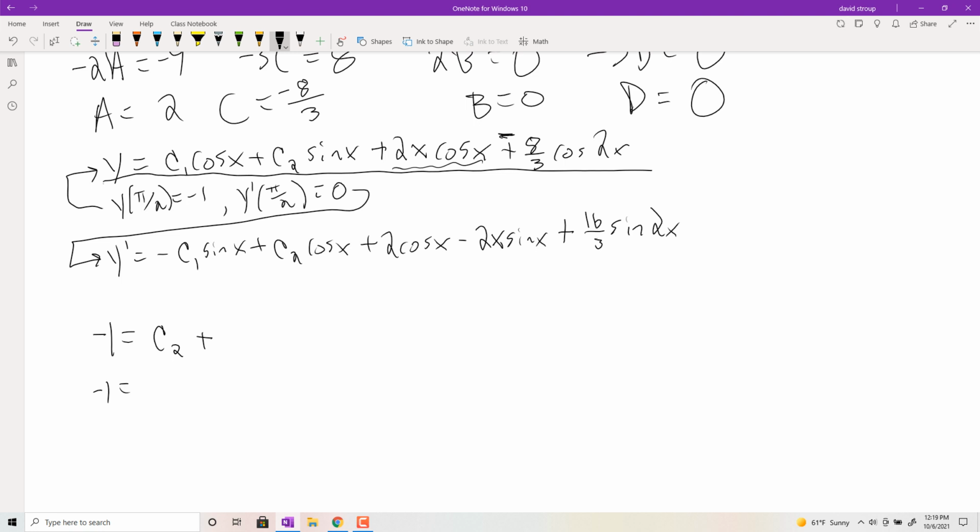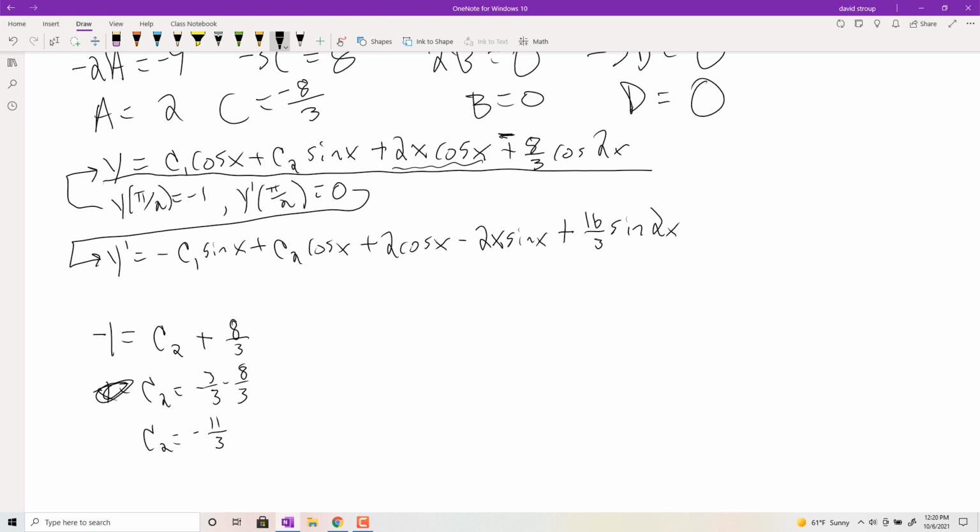Third term, cosine of pi over 2 will make that 0. And then the fourth term, 2 times pi over 2 is pi. Cosine of pi is -1, but it's already negative, so you just end up with positive 8/3. So C2 is going to be negative 3/3 minus 8/3, so C2 is going to be negative 11/3.